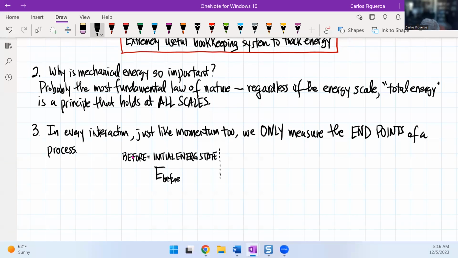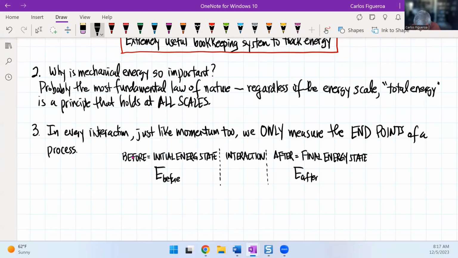Then we have a process. This is during the process, or maybe I should say the interaction. And then afterwards, we have the after, which is our final energy state, which then tells us that we're here.